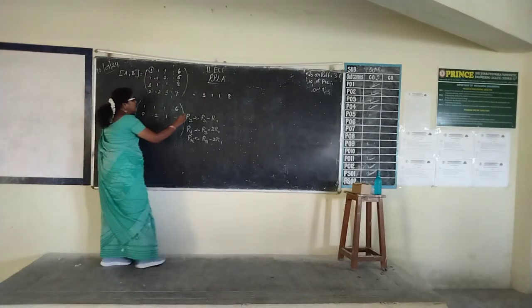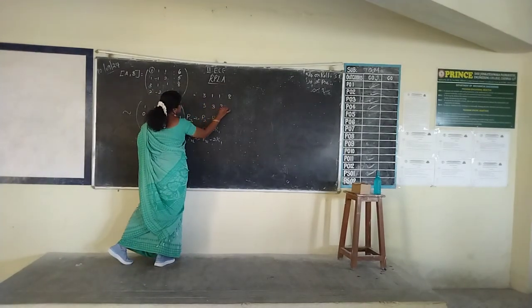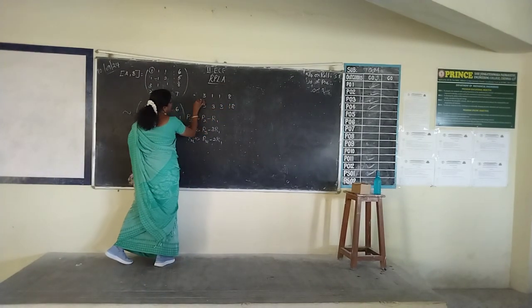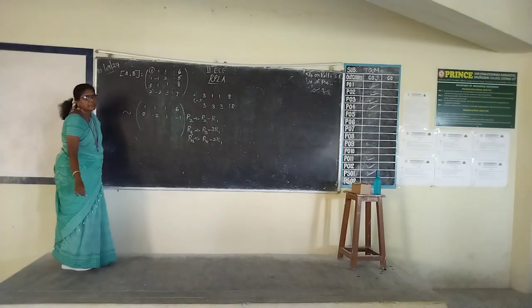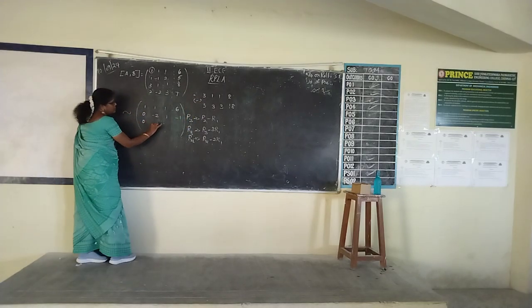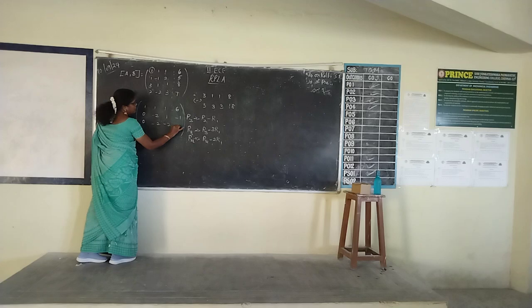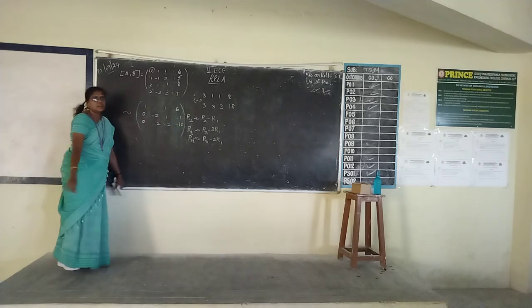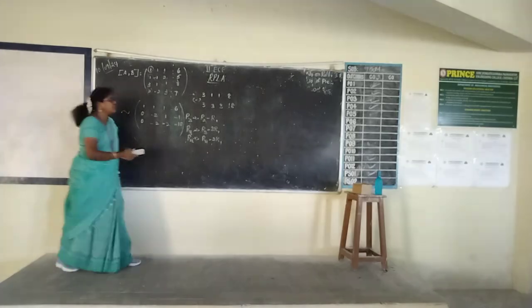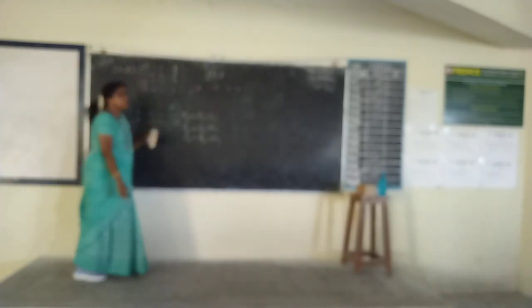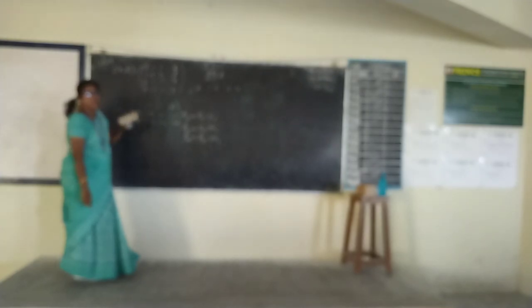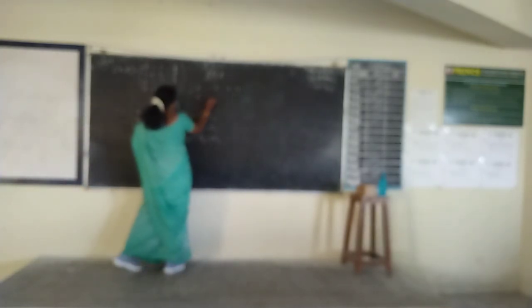So what will you get? 3. You understand that? You will get 0, minus 2 and minus 10. Now similarly we get the fourth row. R4 remains the same. 2, minus 2, 3, 7, minus 2 times R1. Multiply R1 by 2. What is the answer? 2, 2, 2 and 7.